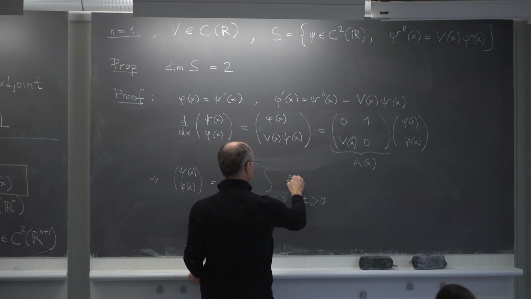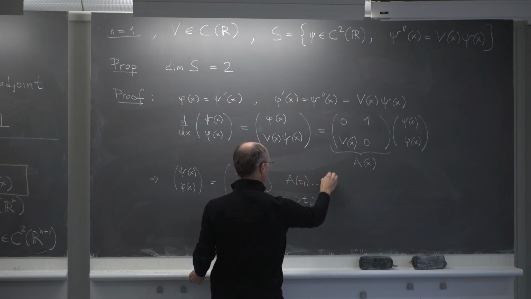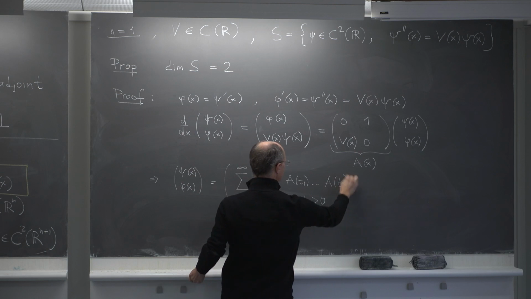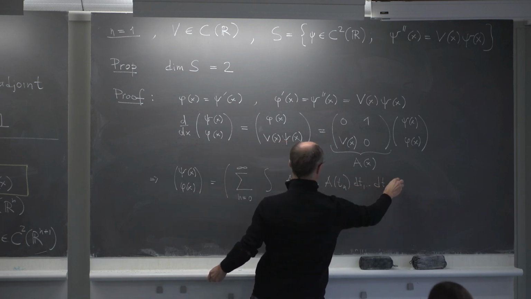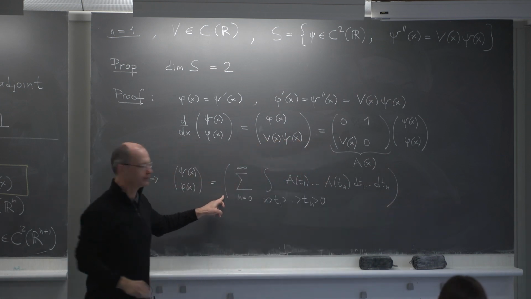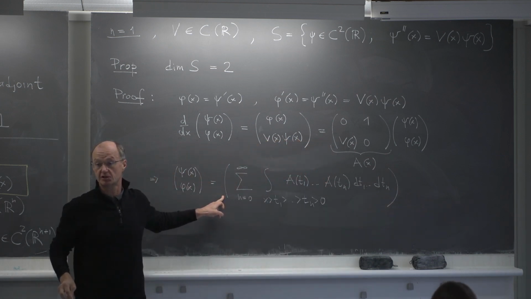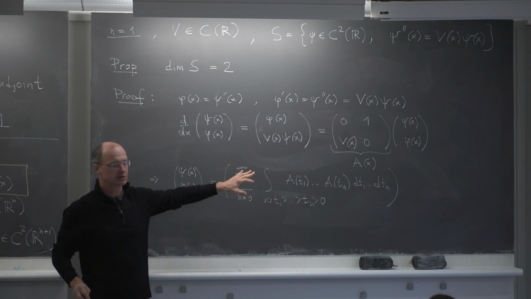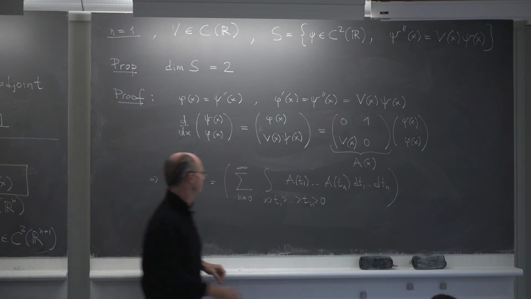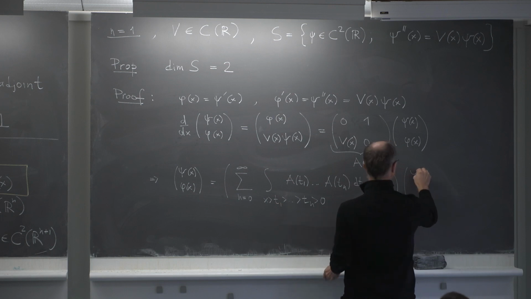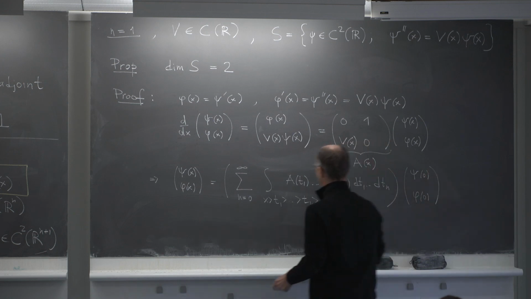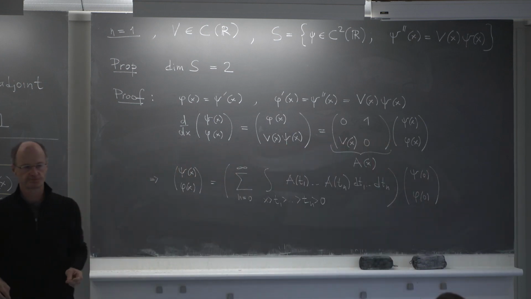So here will be matrices A(t1), ..., A(tn), dt1, ..., dtn. So there will be this series constructed from the integrals of A's. And here, I chose the point 0, so it will be psi of 0, phi of 0.